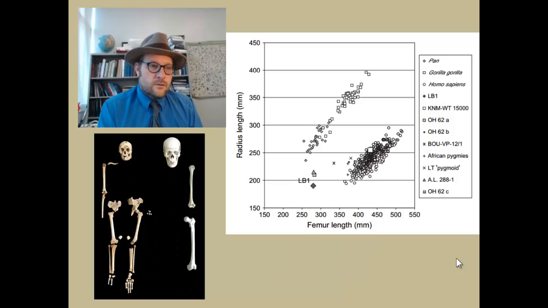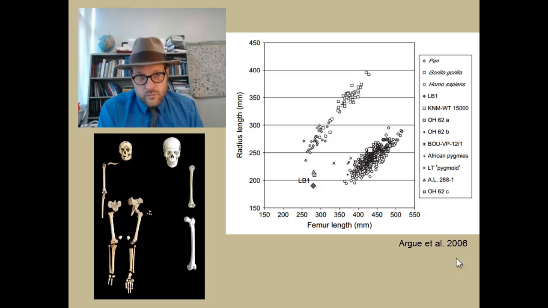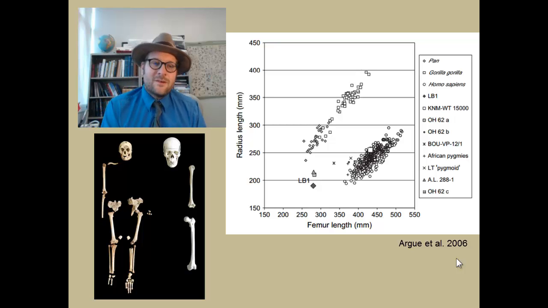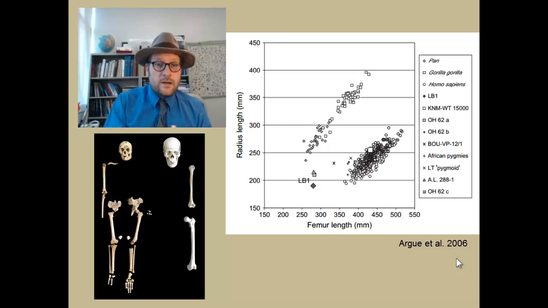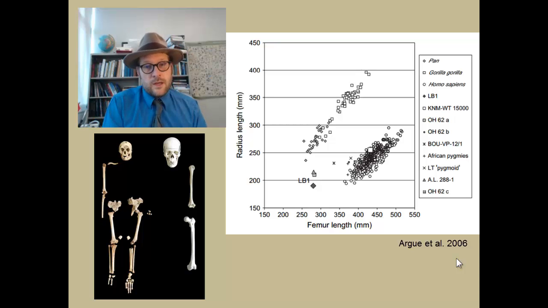So one of the things that scientists started to do was to look at these skeletons to see if they actually fit in the growth curve of humans. They were very fortunate to have a fairly complete skeleton that had a radius and a femur. So this graph that I'm showing on this slide shows the radius length and femur length, and they've plotted in here humans, which is this graph here in red, showing that trajectory.